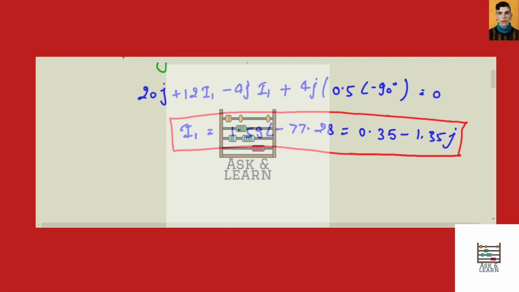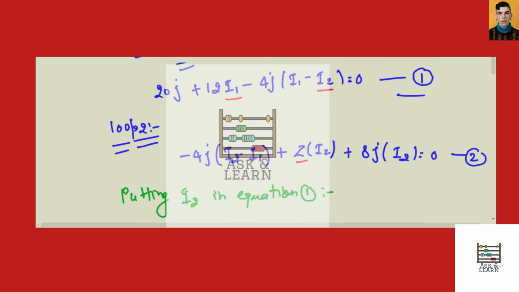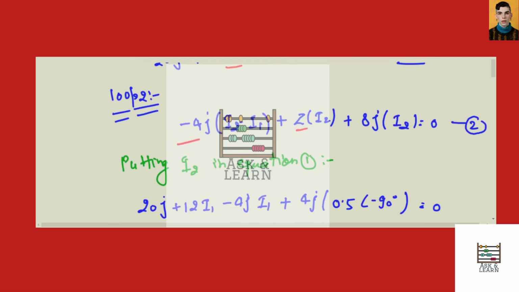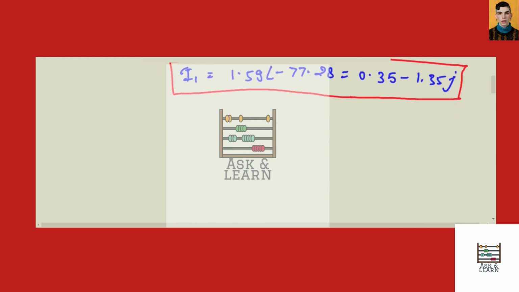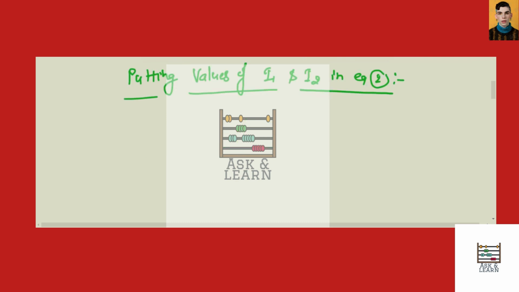Now what we have to do is use the values of I1 and I2 in equation number 2, and we will get the value of Z from here. So I am just putting the values of I1 and I2 in equation 2, one by one.